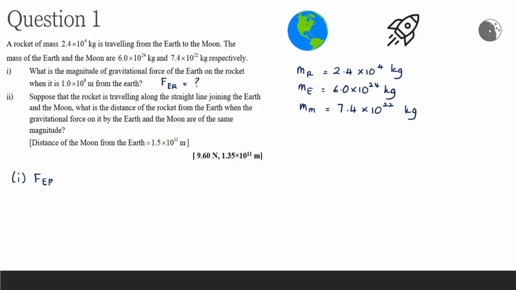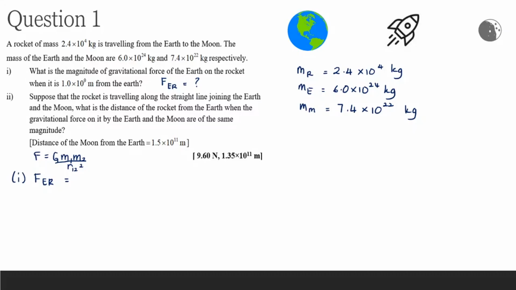This is very straightforward. We just take FER and write down the formula. General formula for gravitational force is G m1 m2 divided by r12 squared, where m1 is mass of the first body, m2 mass of the second body, r12 is distance of m1 to m2.